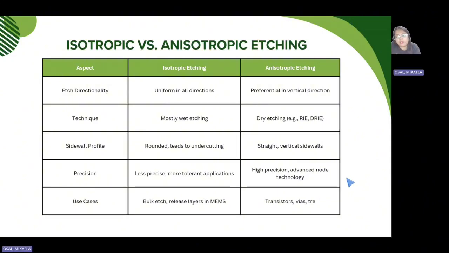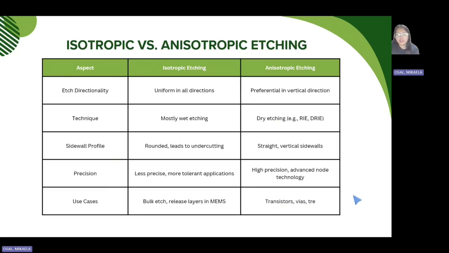In sidewall profile, isotropic etching results in rounded sidewalls, often leading to undercutting beneath masks. And anisotropic etching creates straight, vertical sidewalls, making it ideal for high-precision applications. In terms of precision, isotropic is less precise and generally used in more tolerant applications.